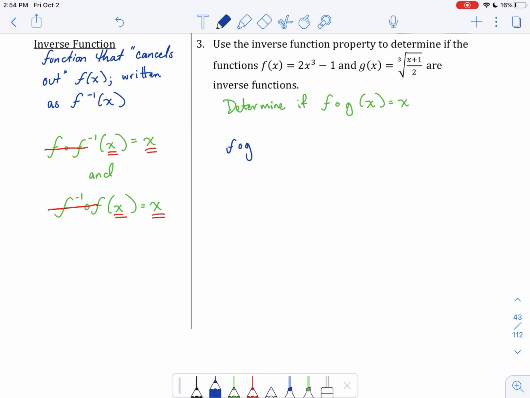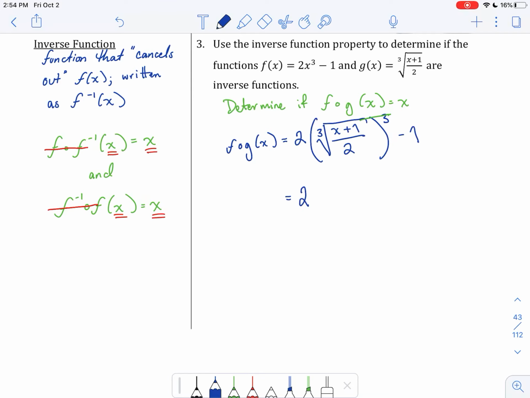So f of g of x, and you could do them in either order, you just got to pick one, would be 2 times parentheses the cube root of x plus 1 over 2 to the third power minus 1. So the first thing I'll do is see if this equals x. We're going to remember that cube root and cube cancel out.